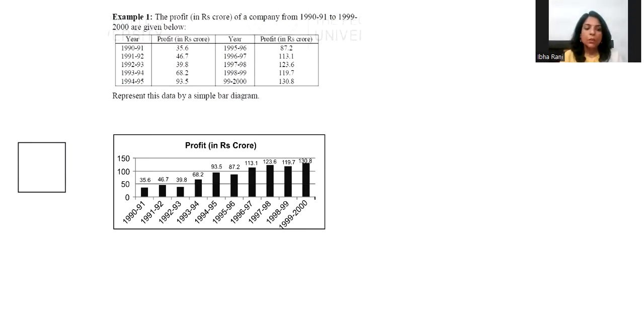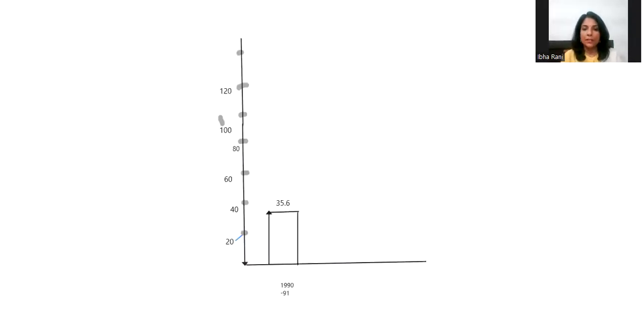First of all, for creating the diagram, we have to draw the lines, the x-axis and the y-axis. Mostly, all the years will come on the x-axis.